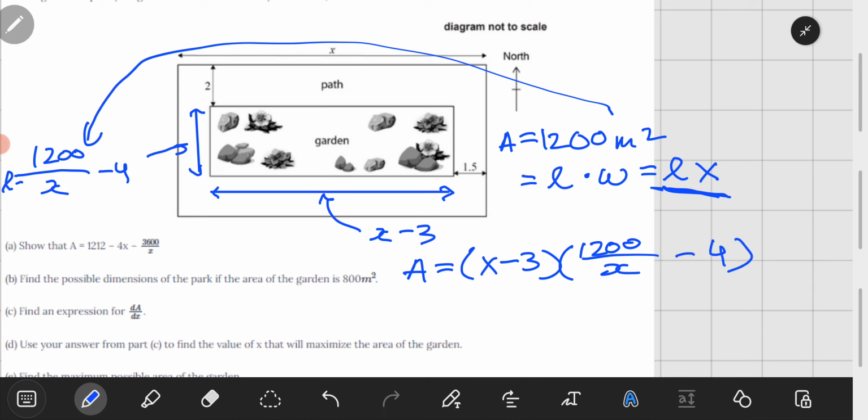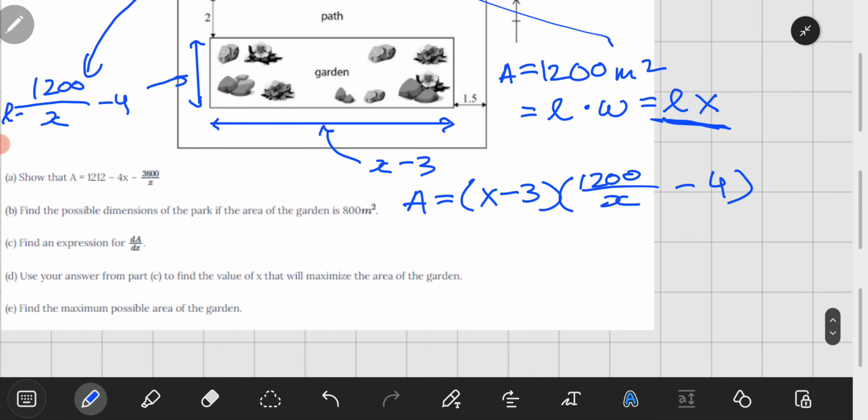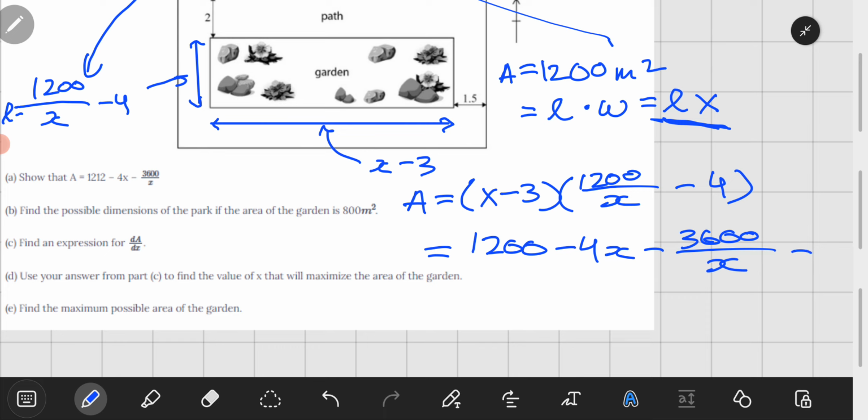And then when we distribute these values, we get 1,200 minus 4x, x plus 12.